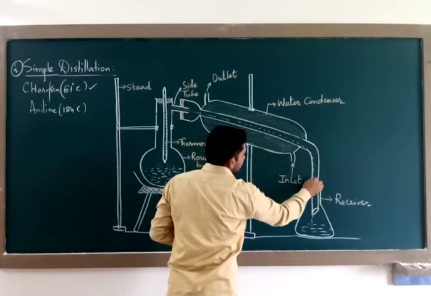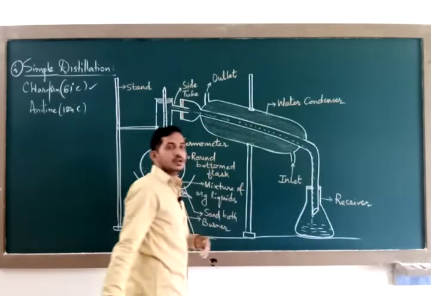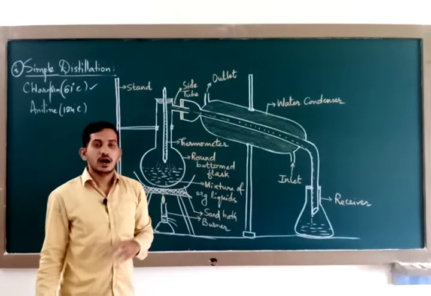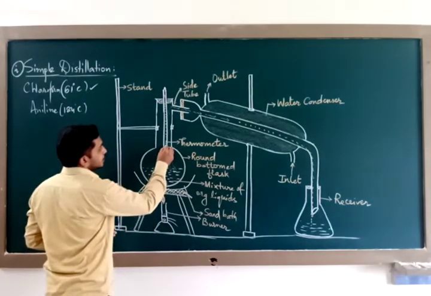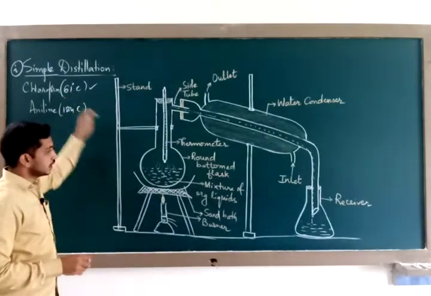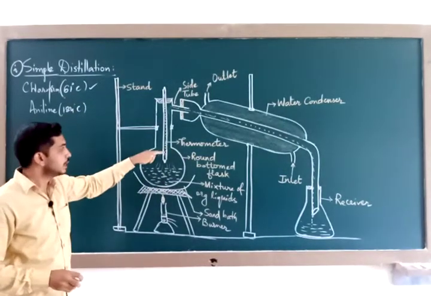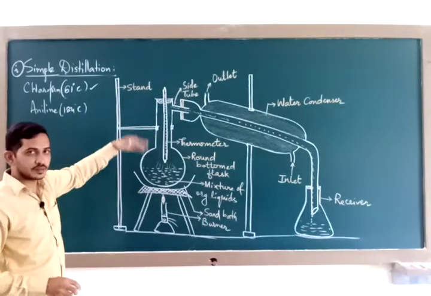The same liquid will now fall and get collected into the receiver. How long will this happen? Until the temperature in the thermometer is 61. The temperature keeps on increasing, but from 60 to 70 range, all the chloroform will have gone.